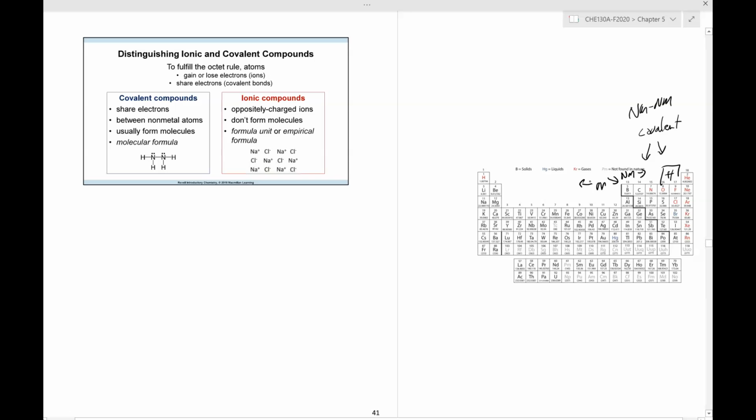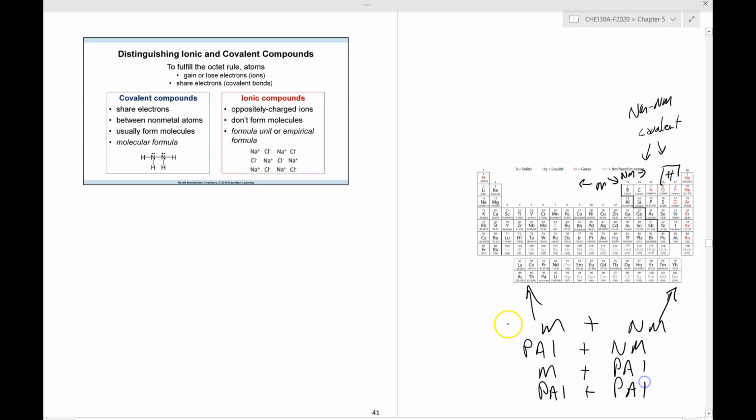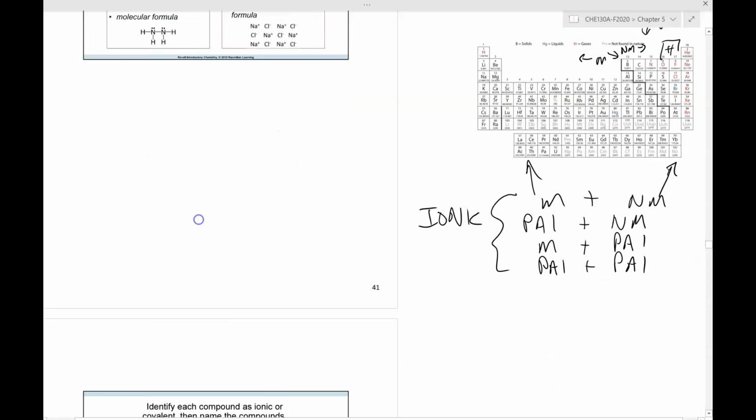And then ionic compounds are going to be nonmetal with metal, or we could have polyatomic ions plus nonmetals, or metals plus polyatomic ions, or even polyatomic ions combining together. So all of those tend to be ionic, which achieve their octet rule by transferring electrons, not sharing them like the covalents do. And of course, you got to recognize which one's which because you're dealing with naming them differently.